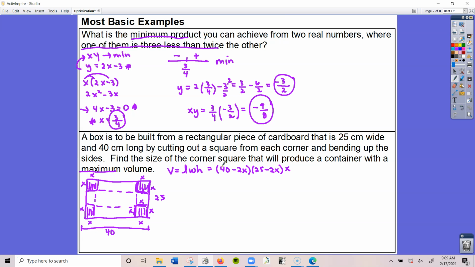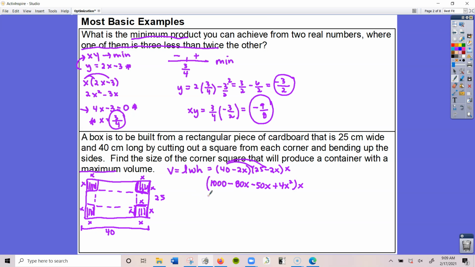So now what we're going to do is multiply everything out, find the derivative, and get the critical number. If you multiply 40 minus 2x times 25 minus 2x, that would give us 1000 minus 80x minus 50x plus 4x squared, and then times the x.